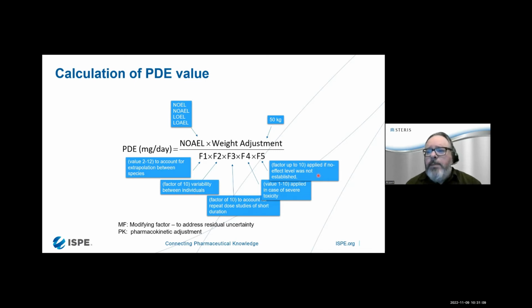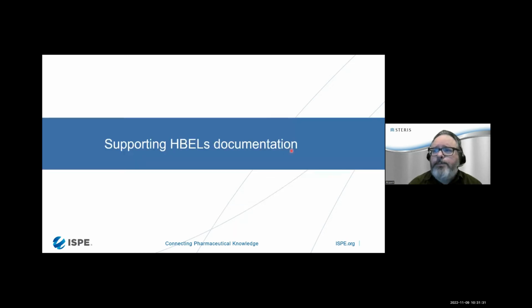And then sometimes you can have some pharmacokinetic factors as well, or modifying factors. But you have some visibility in terms of that adjustment factor that's used. In the past, that was referred to as a safety factor. Now you have a series of factors that represents the rationale for it.